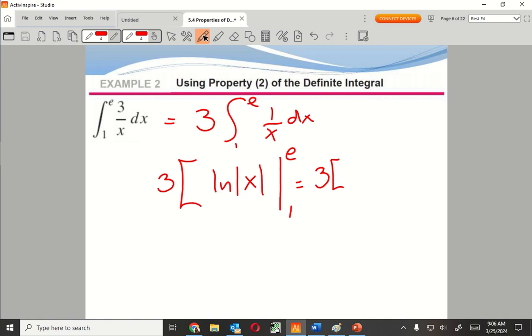So ln of e is going to give me 1, minus my lower bound, which is ln of 1. What is the ln of 1? 0. ln of 1 is 0. So this is going to give me 3 minus 0.